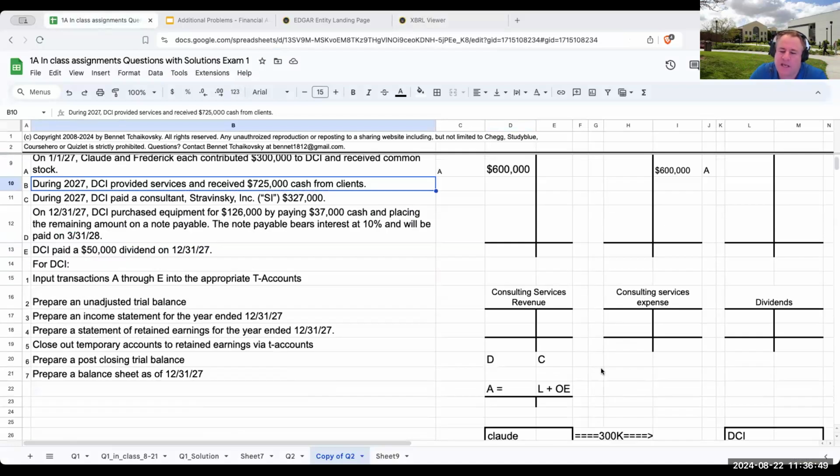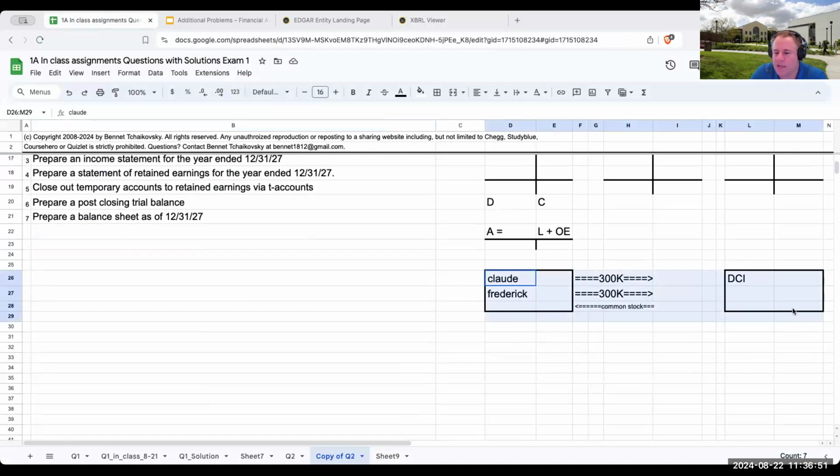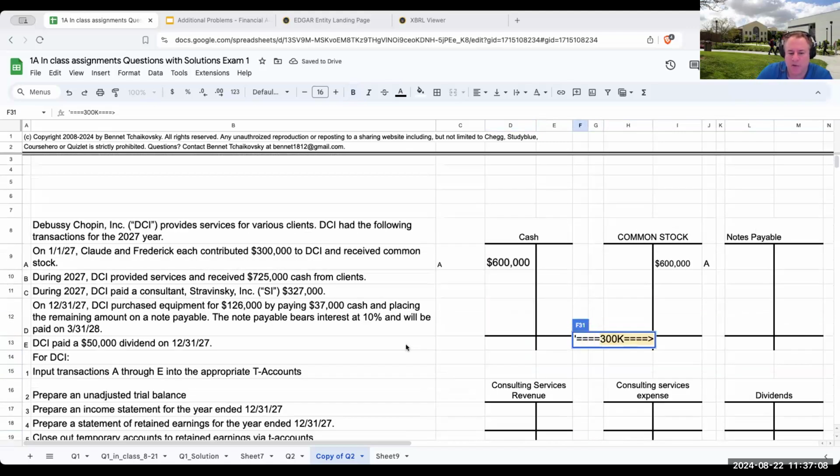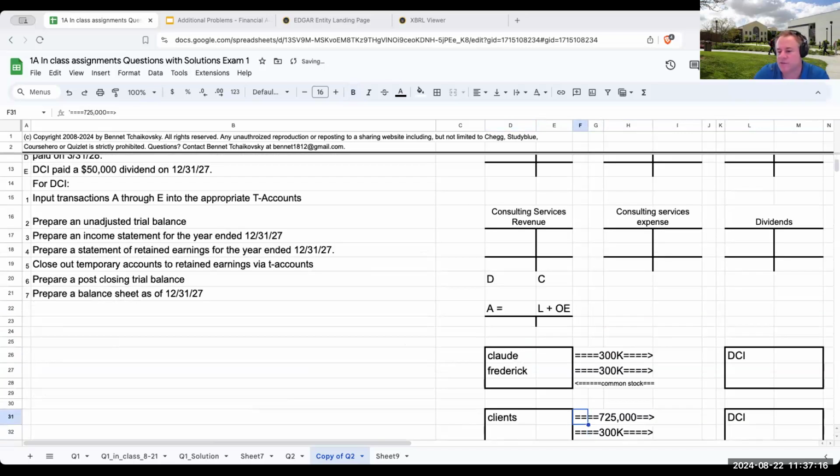What's happening to cash in transaction B? Well, clients are giving us 725,000.